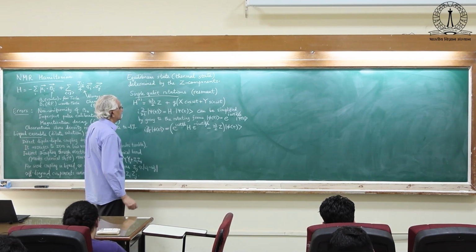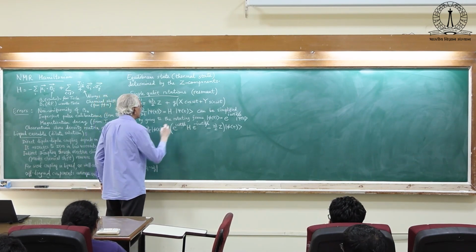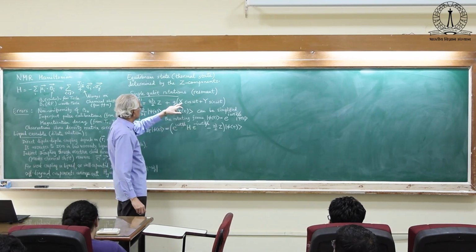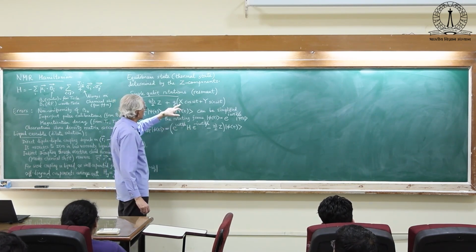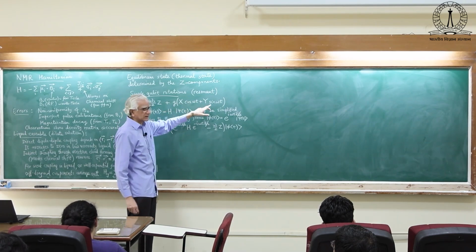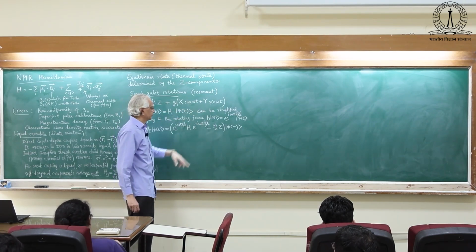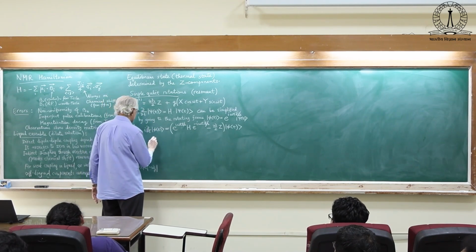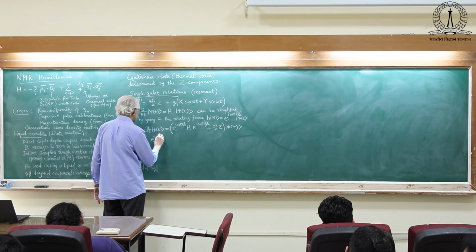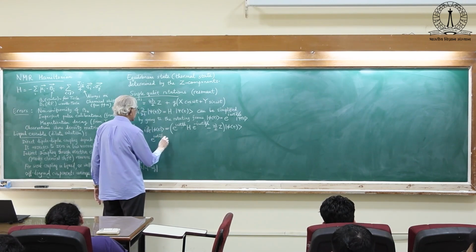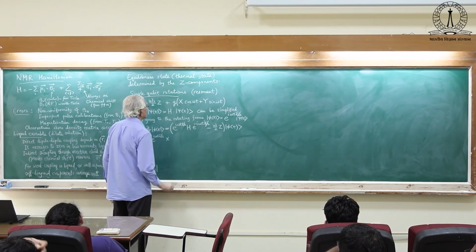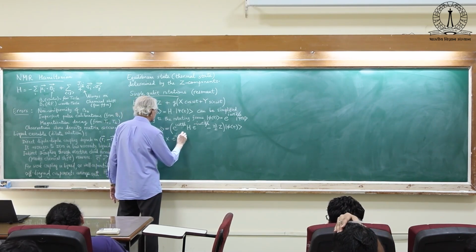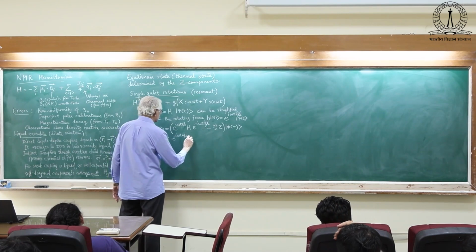Okay. So now let me calculate this. I have to perform this unitary transformation on both x and y. So what does it look like? e raised to i omega t z by 2, and then x, and e raised to minus i omega t z by 2.